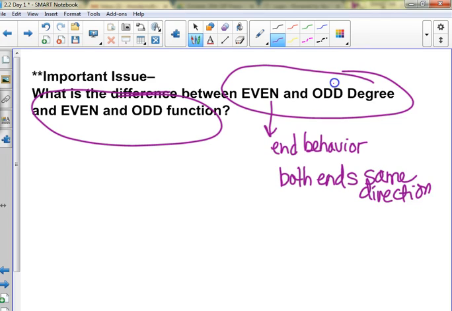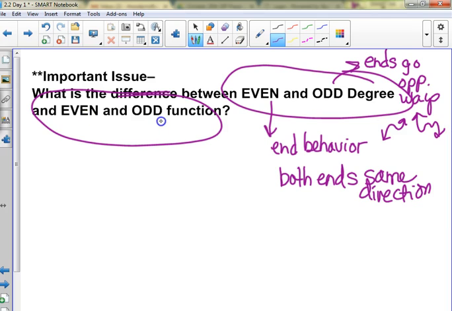Whereas odd degree is still end behavior, but the ends go opposite ways. Okay, so it might look like this or like this. One end's up and one end's down, whichever end.